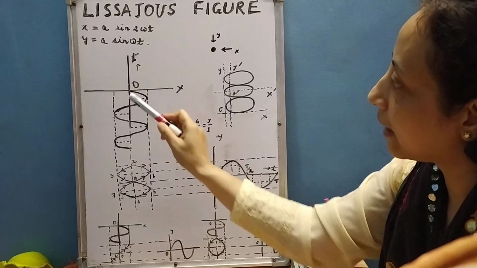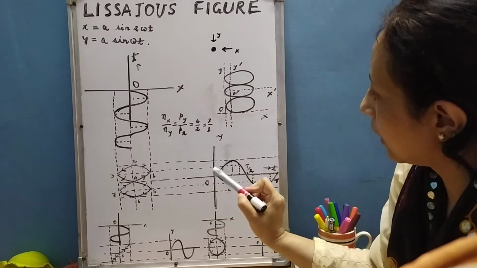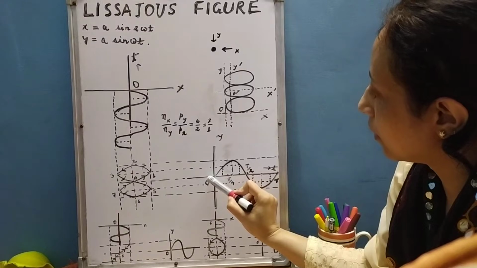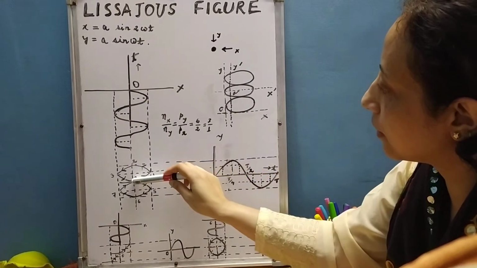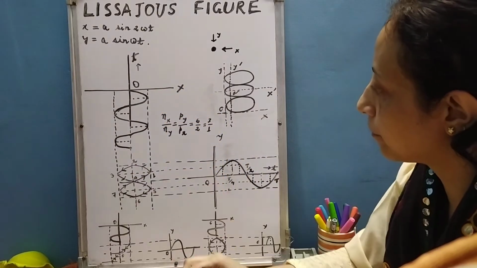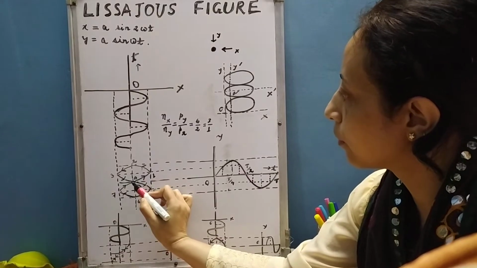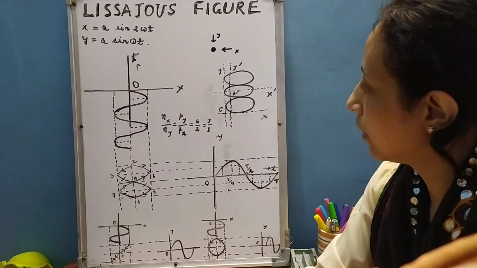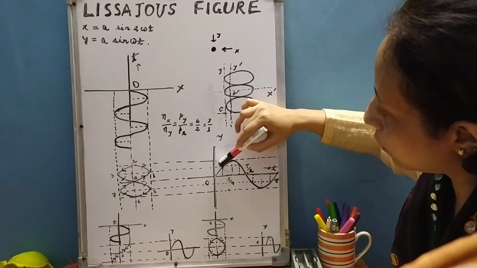At the starting point, this is the position here, this is the position here, and if we move from here towards the left and from here downward, we meet at this point, which is the starting point. We mark it as 0. The next one is here, time equals T by 8.